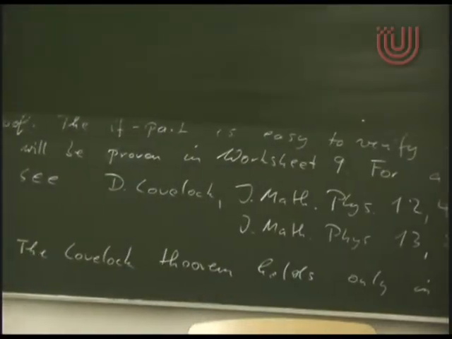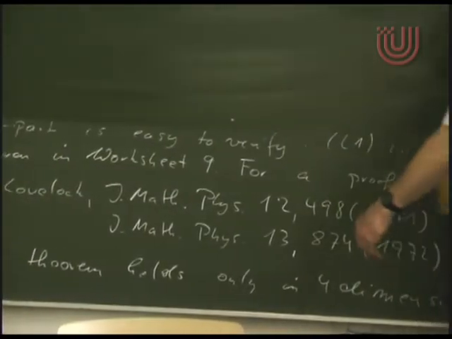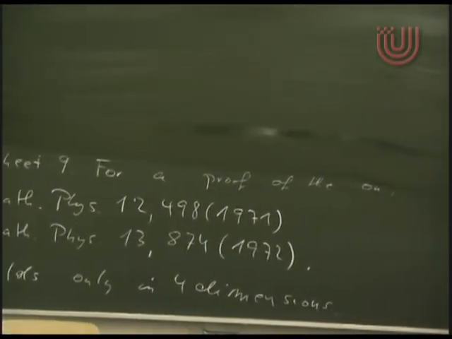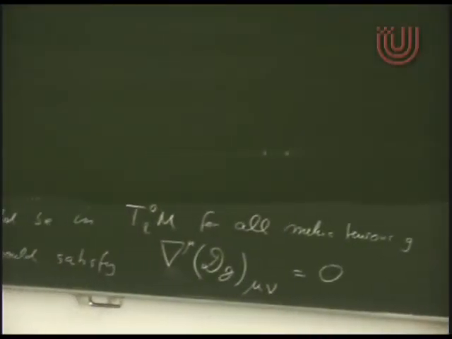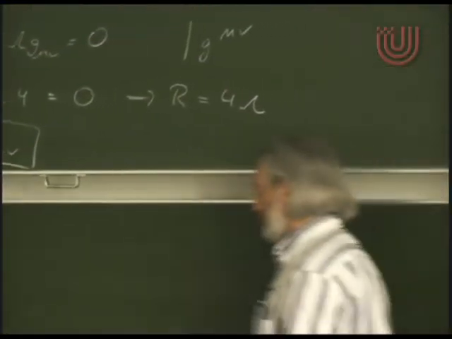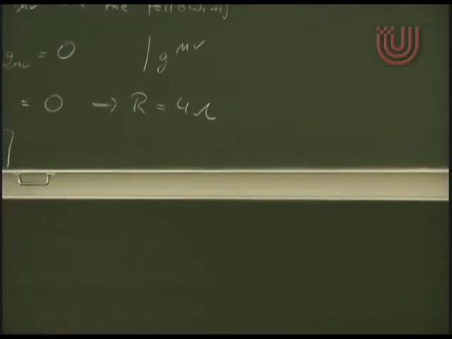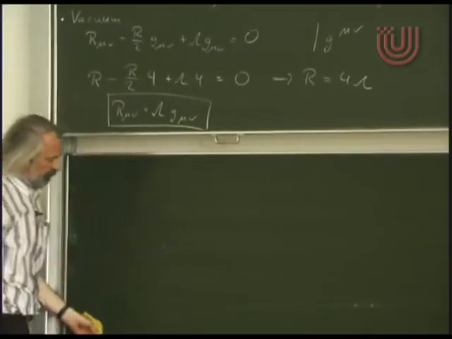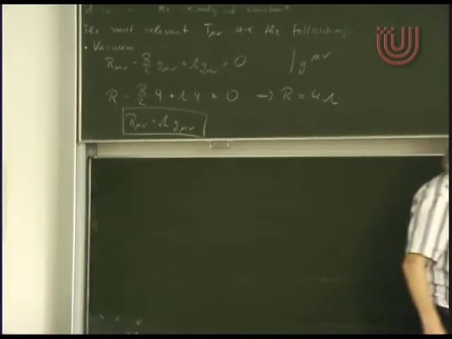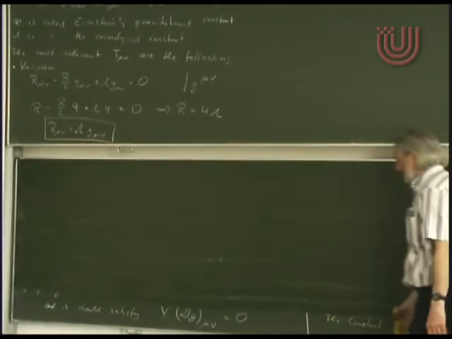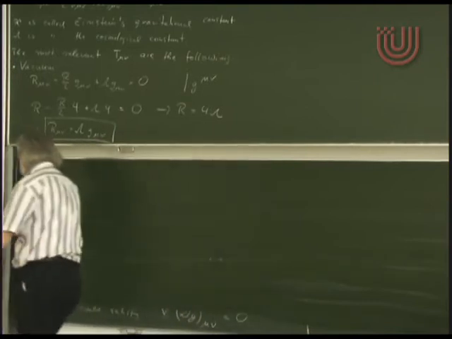That's what we call Minkowski spacetime, because eta is the Minkowski metric. And that's, of course, a solution of this equation with lambda equals 0, because even the curvature tensor is 0 in this case, so all the more is a contraction of it. So that's a trivial solution. And then I mentioned one non-trivial, that's the Schwarzschild solution, which we will discuss.